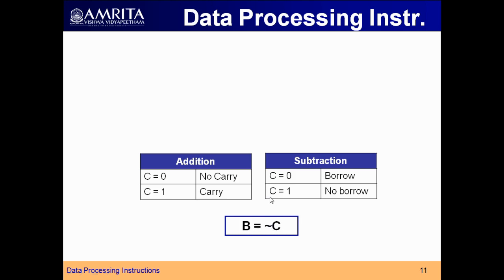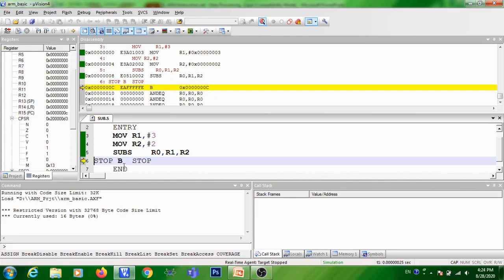So when carry flag is 1 during subtraction, it represents borrow is not there. If carry flag is 0, that means borrow is there. But now in our case carry flag is 1, so borrow is not there. You should keep it in mind. So in this instruction you are getting carry flag equal to 1, that means borrow is not there.